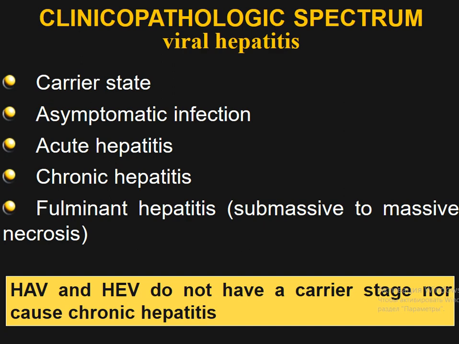So, 2 patterns are recognized: submassive necrosis having a longer course extending up to 3 months, and massive necrosis in which the liver failure is rapid and fulminant, occurring in 2 or 3 weeks. Very important to remember that hepatitis A and E do not have a carrier stage nor cause chronic hepatitis.